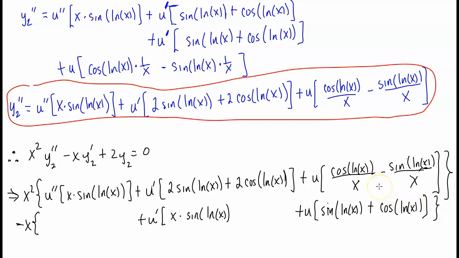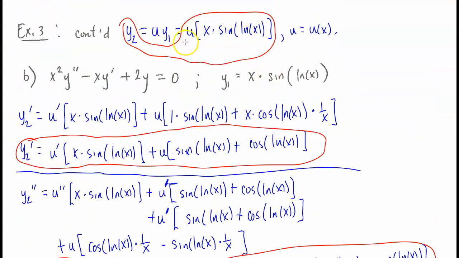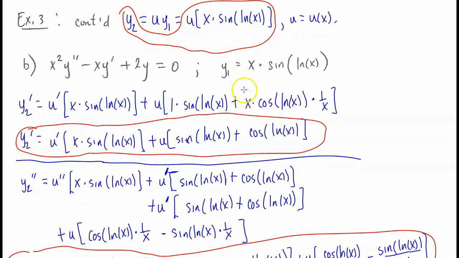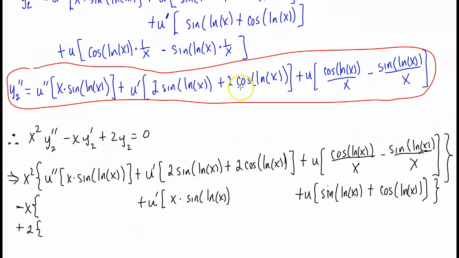And then lastly, we have plus 2 times, and that's going to be just this here. So it'll be u times x times sine of natural log of x.